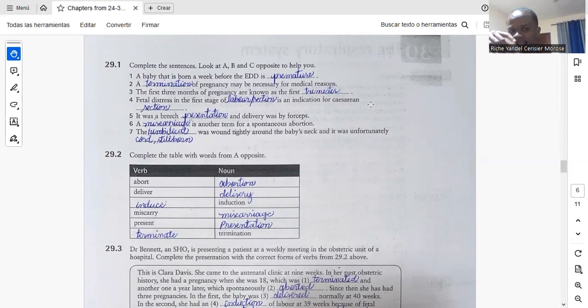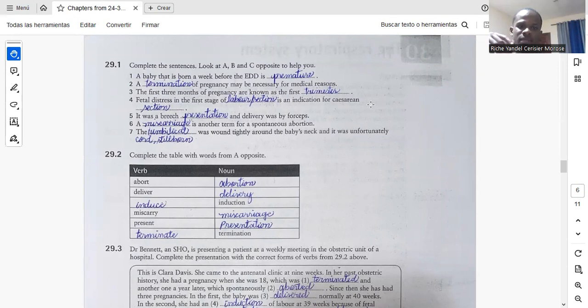29.1. Complete the sentence. A baby that is born a week before the due date is premature. A termination of pregnancy may be necessary for medical reasons. The first 3 months of pregnancy are known as the first trimester. Fetal distress in the first stage of labor is an indication for Caesarean section.